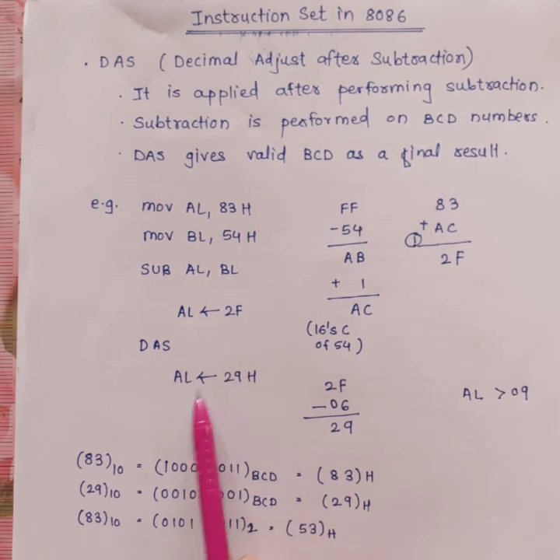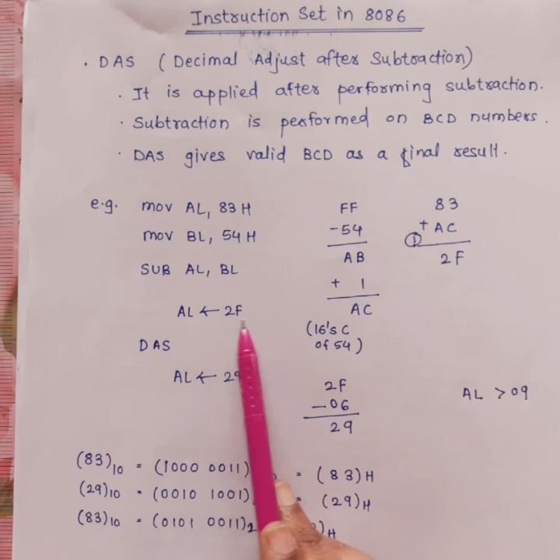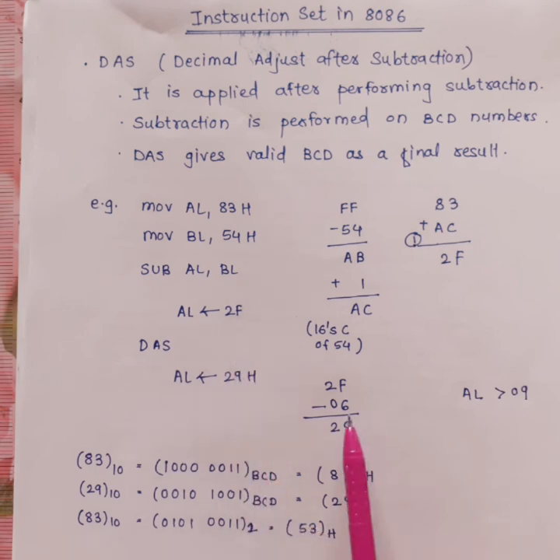Now in 2F, the lower nibble is greater than 9. So 06 gets subtracted from this 2F to give 29. See, 15 minus 6 is 9, 2 minus 0 is 2. So it gives 29, and this result gets stored back in the AL register.